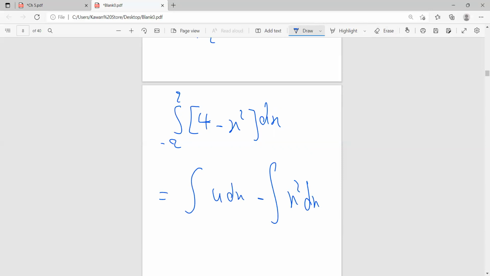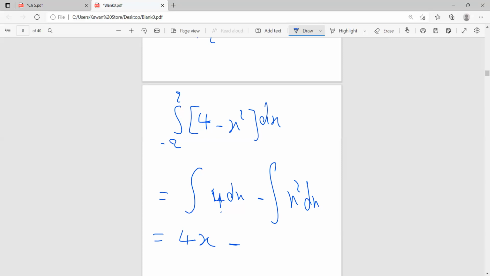Understood? You can imagine in your mind because we can separate the integral over addition and subtraction. That's why we don't like it. So here we are. Any question? So the first integral is equal to what? 4x. 4x is the first, minus x to the power 3 divided by 3.